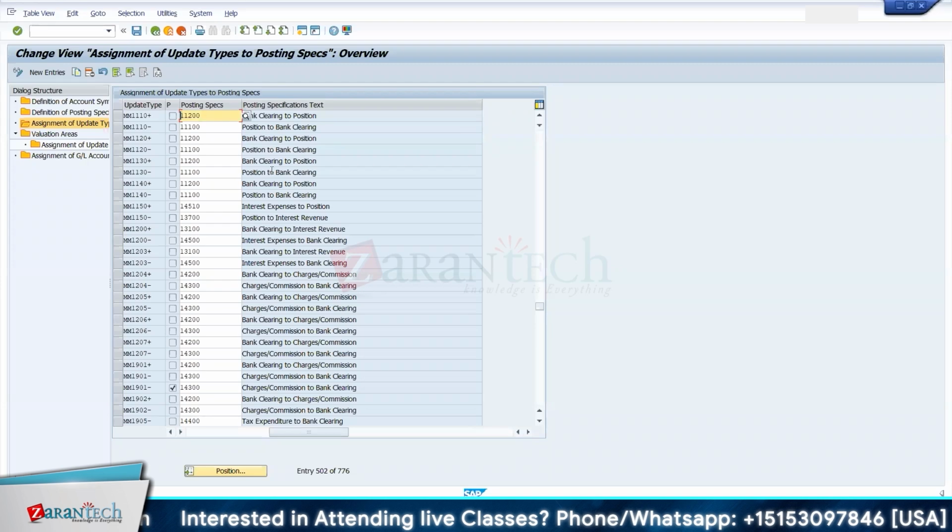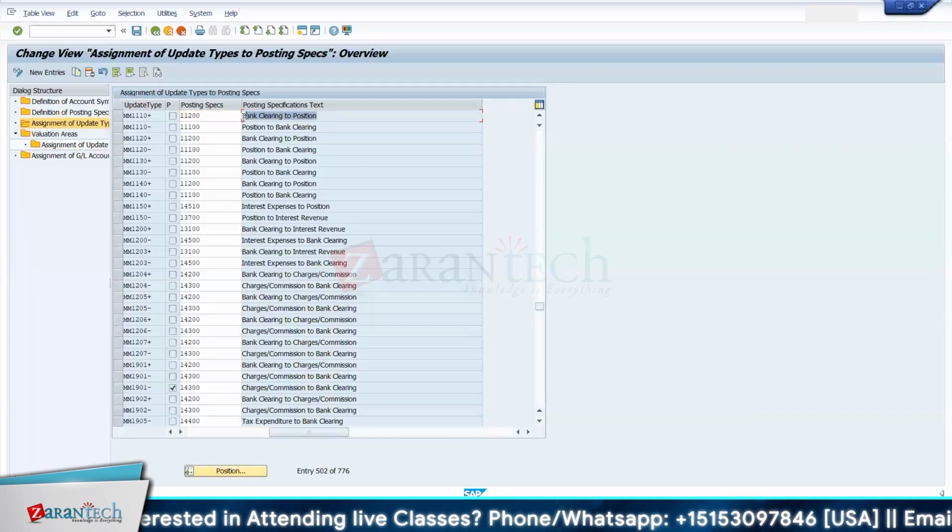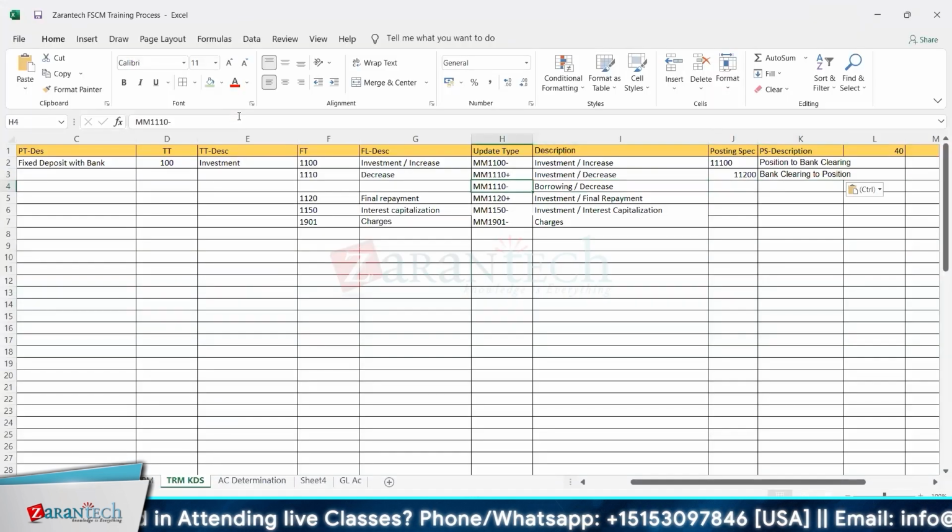This update type is nothing but the debit credit indicator, right? Or you can say it is the linkage between accounting and your flow type. We are going to assign the GL account to this posting specification, and the posting specification is linked with the update type, right?